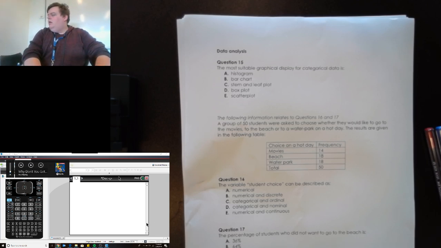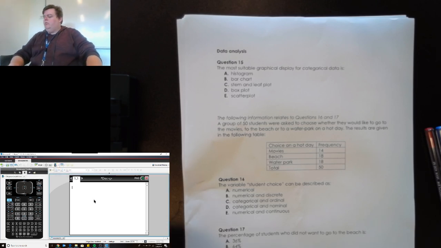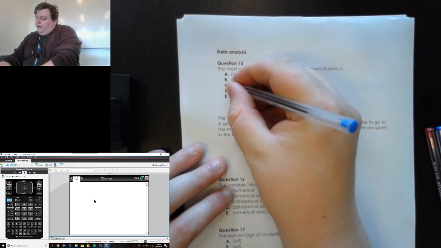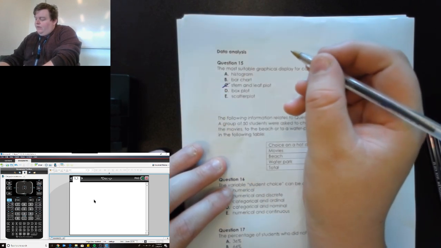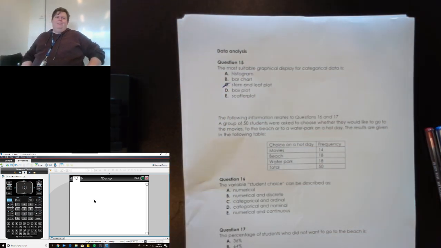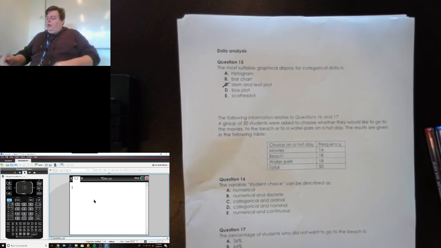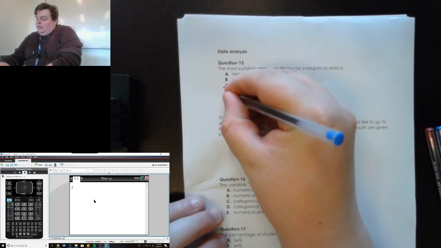Okay. So you want to try and rule out a couple of things. If we're looking at categorical data, that just means non-numerical. So we can get rid of stem and leaf, because that's just numbers, if you remember what a stem and leaf plot is. We can get rid of box plot for the same reason.